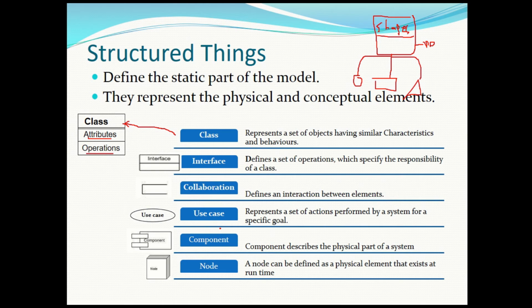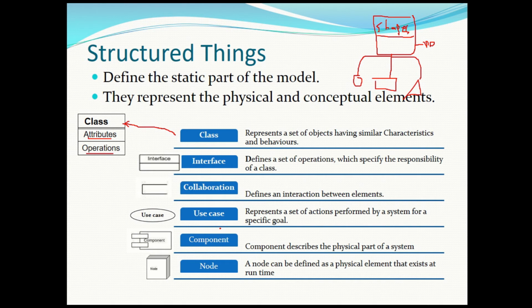A component describes the physical part of the system before running the system. This is the physical part that will always be in the system. It is called the component. It's the physical part of the system. But when we say node, it defines the physical element that exists after we run, at the runtime.